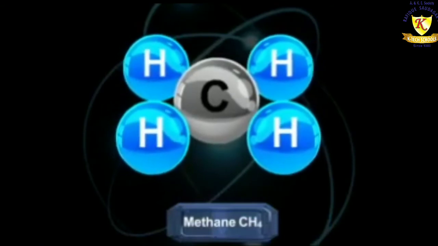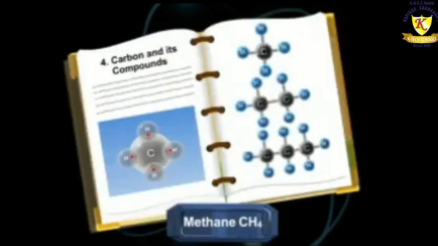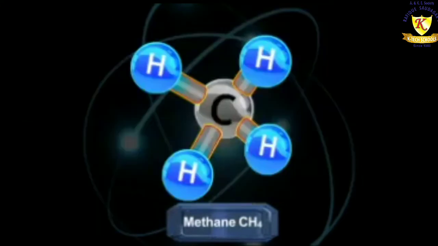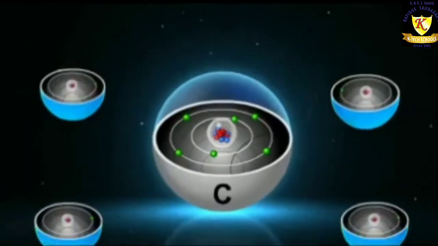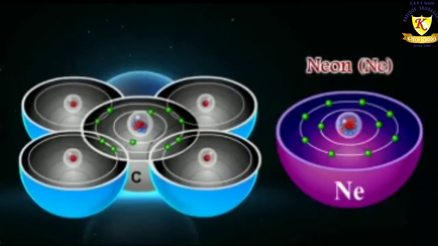Now let us consider the carbon compound methane. You have learnt about the occurrence, properties and uses of the methane molecule in the previous standard. Just now we saw that the carbon atom forms 4 bonds using the 4 valence electrons and attains the configuration of the nearby noble gas neon and obtains stability.